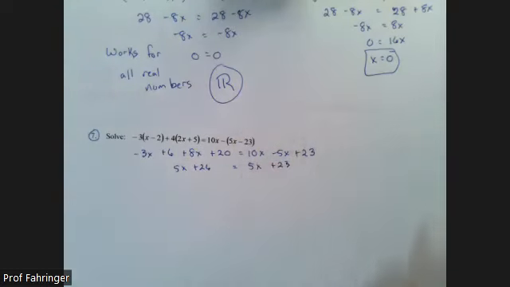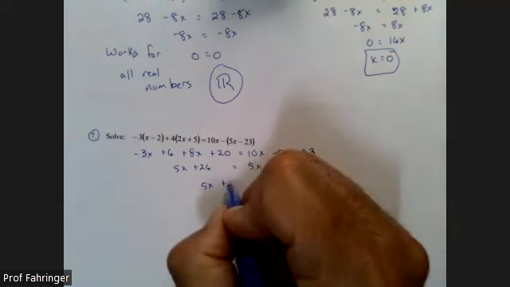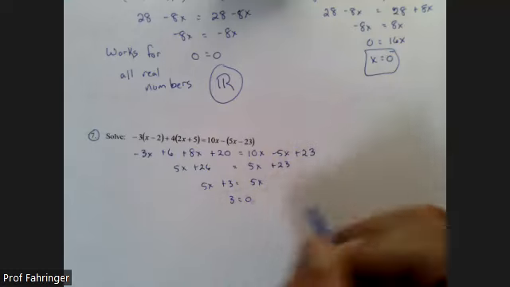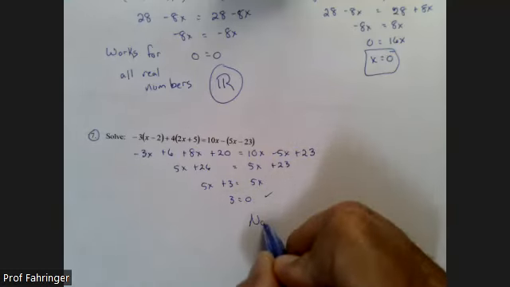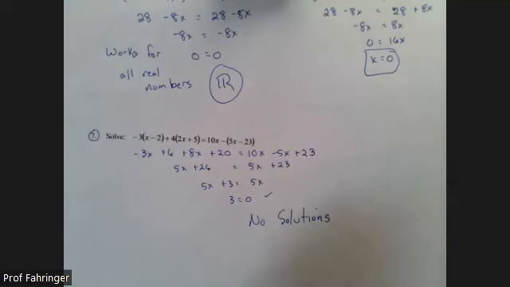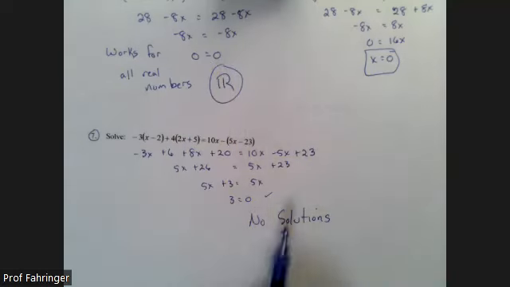Ooh. 5x, I'm going to subtract the 23 and I'm going to subtract the 5x and I get 0 equals 3. No solutions. Nothing's going to work in that one. Unlike up here where every number works because they ended up the same, this is a situation where nothing's going to work.